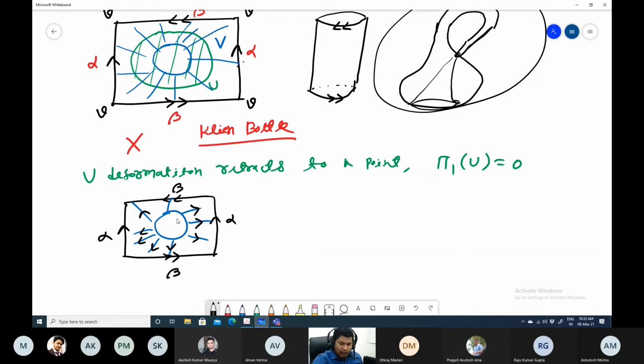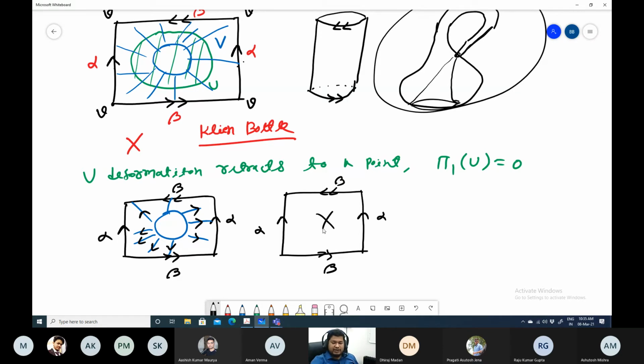Now, what will it deformation retract to? That two-dimensional thing will deformation retract to this one-dimensional object. This is alpha, this is beta, where there is no interior.